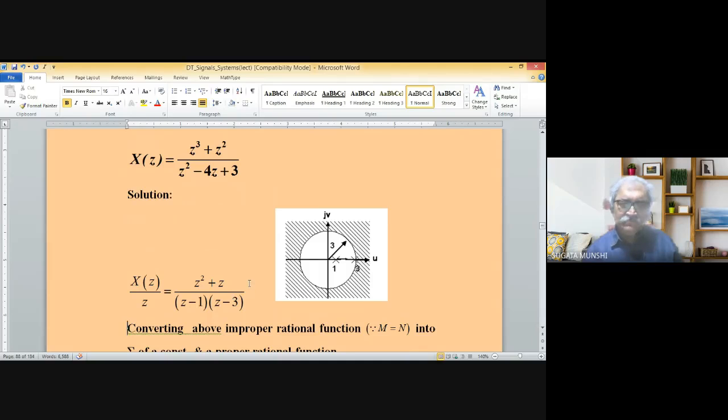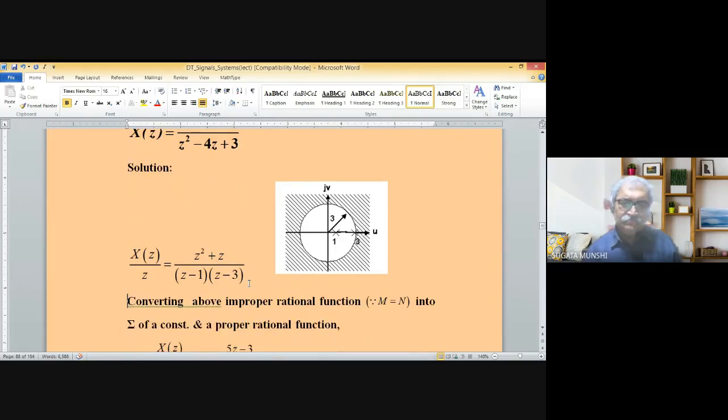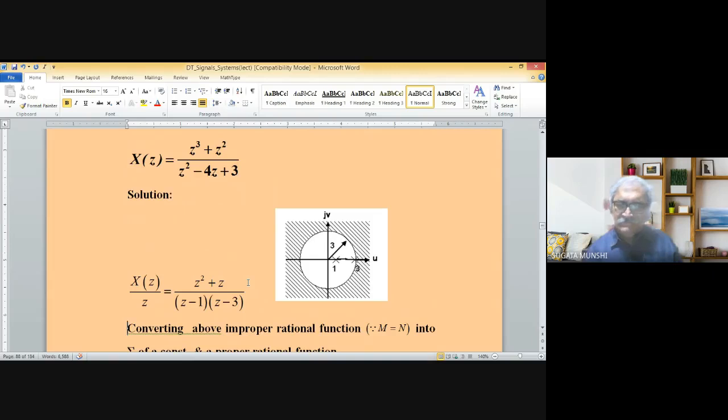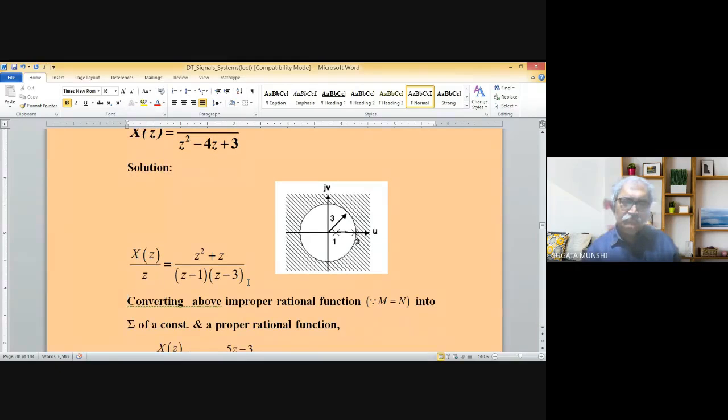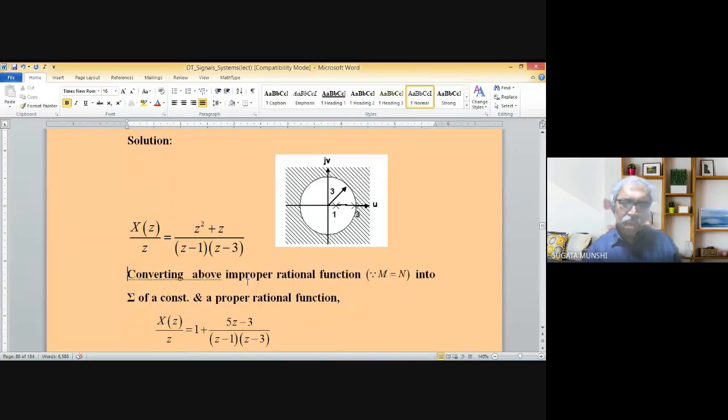That is the first step. How to do that? Just see here that by long division I have converted it into a sum of a constant, which is 1, plus a proper rational function, (5z minus 3) divided by (z minus 1)(z minus 3).